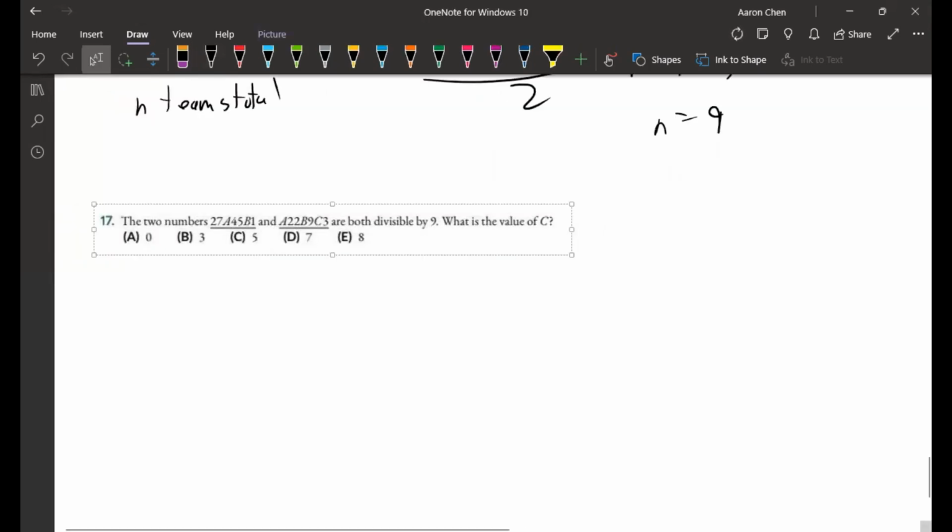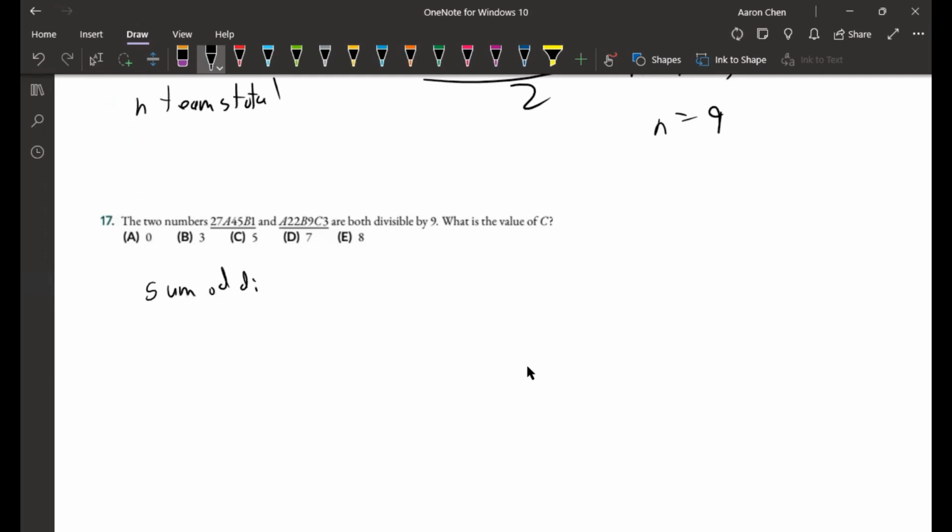Question 17 all this did was test if you knew the divisibility rule. If you don't, the rule is that if the sum of the digits is a multiple of 9, then the number is divisible by 9.